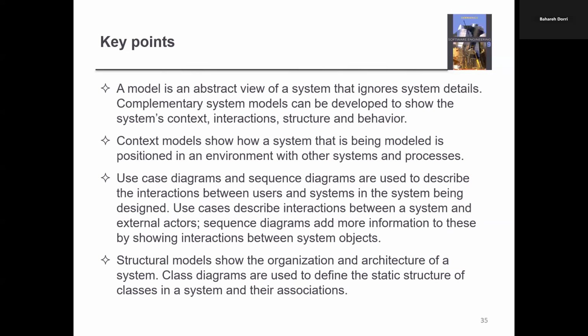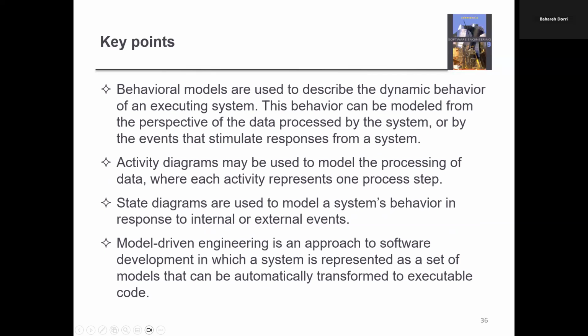Structural models describe the static organization of a system, and class diagrams define classes and relationships, useful for object-oriented design. We also talked about behavioral models, whose purpose is to describe the dynamic behavior of a system while it's executing, and focus on how data flows through the system and what events trigger system transitions or actions.